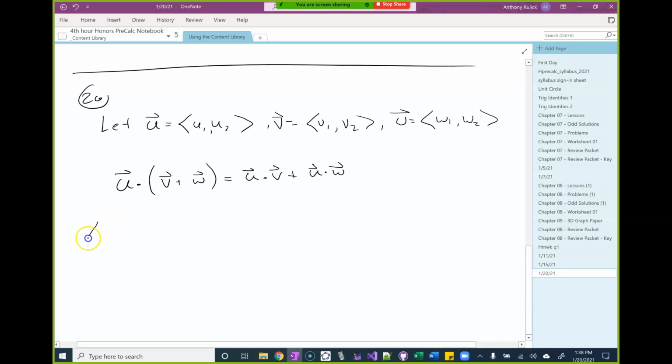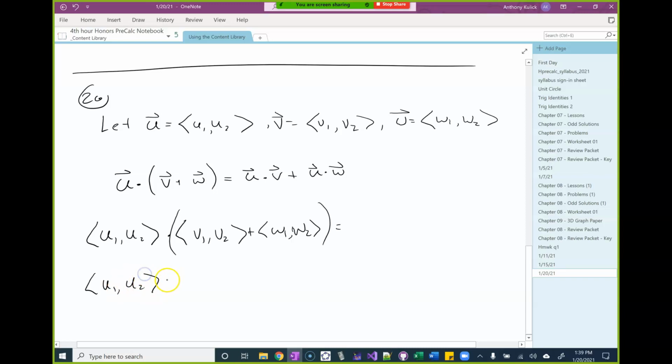So I'm going to start just by replacing these vectors with their component forms. So far, so good. And then I'm going to do the part in the parentheses first.